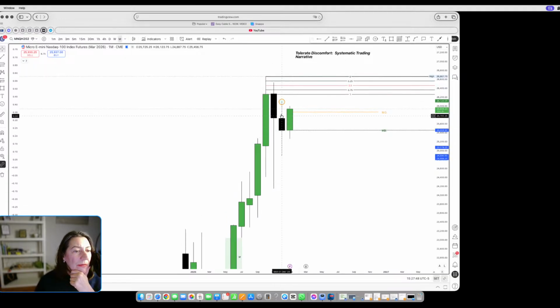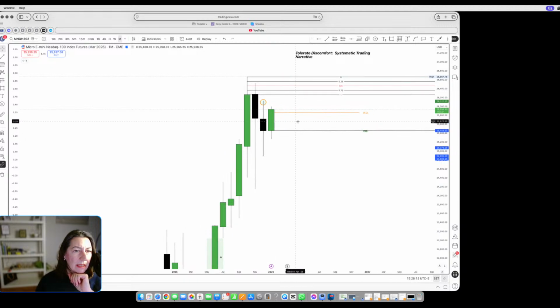Here we can see that price has been moving up for months, and then in November we had a little bit of a pullback, and then in December the range of this candle was pretty small actually. So I found December quite difficult to trade. And then here we are in January, price pulled back initially to begin with, and we can see that price has been moving up steadily since.